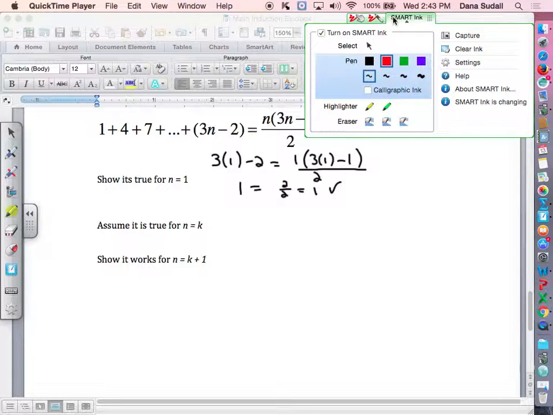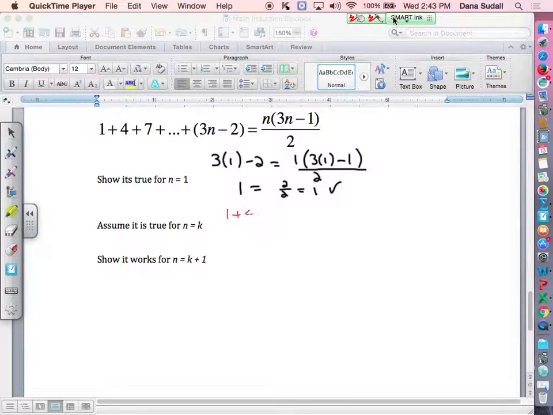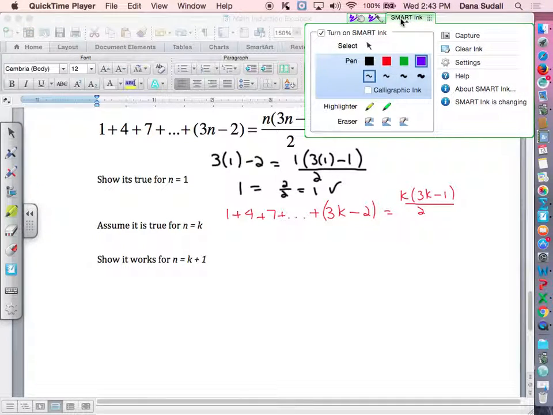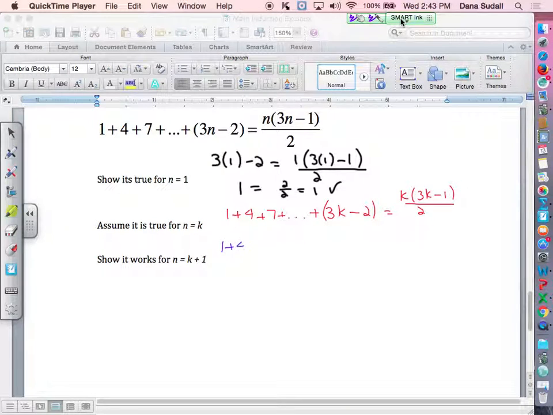Now let's go ahead and plug in n equals k. So the series of numbers is the same. Take out n and replace it with k. And then we're going to add the next term on, and if we can show it works for the next term, then it had to work for every term prior to that.